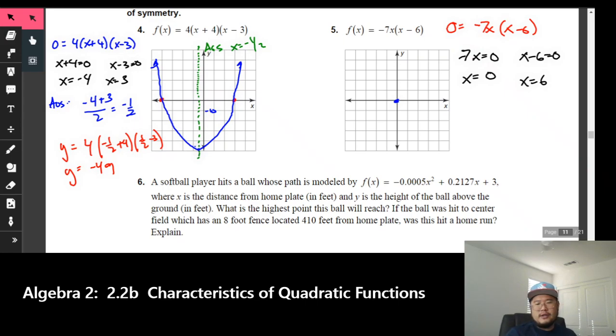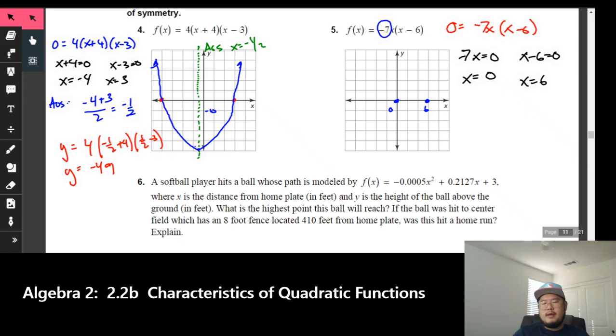Let's go ahead and do intervals of 2 to fit in. So this will be 2, 4, and 6 right there. When I take a look at my a value, we have negative 7. So that tells me that my parabola should be going downwards.